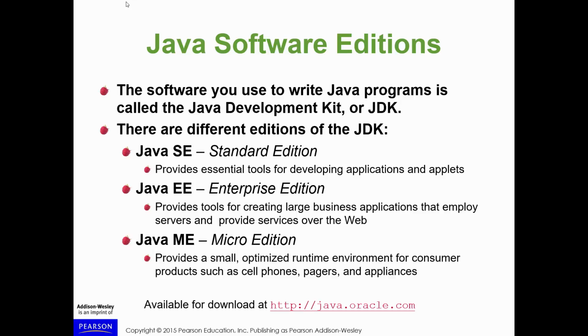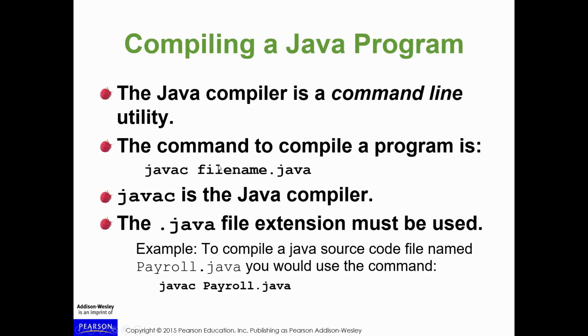There's the Standard Edition, which provides essential tools for developing applications and applets. There's the Enterprise Edition, which provides tools for creating large business applications that deploy on servers. And there's the Micro Edition, which is a smaller, optimized runtime environment. Well, to my knowledge, the one that we'll be using is the Standard Edition. Could I be wrong? Sure, I could.